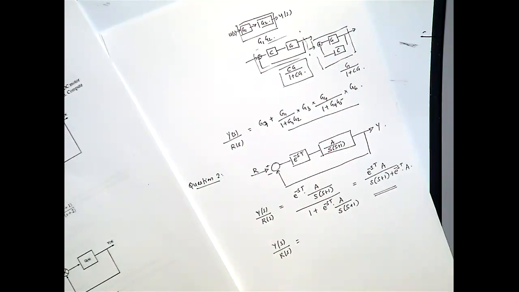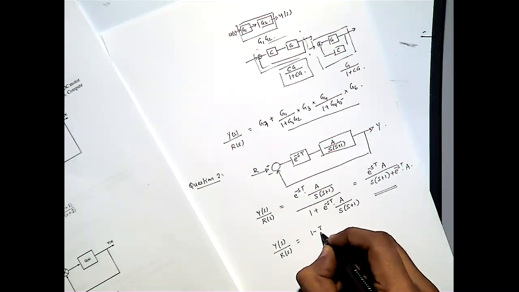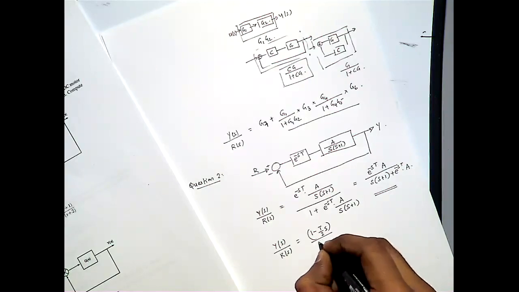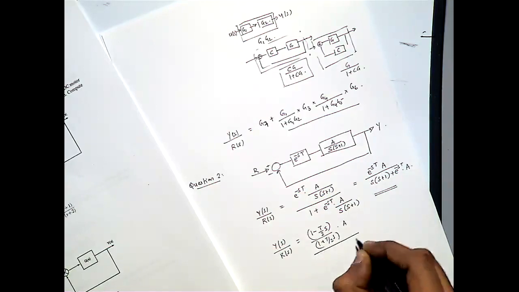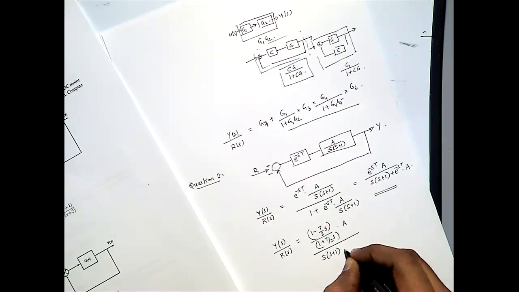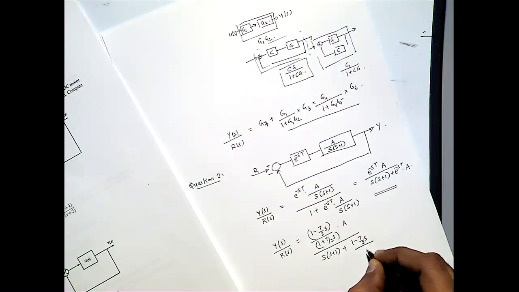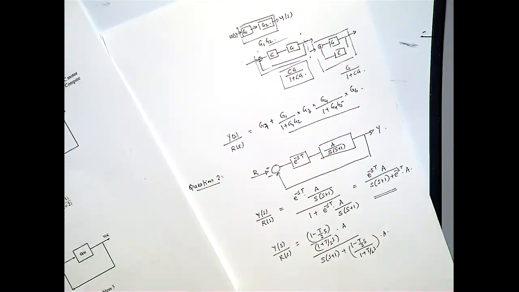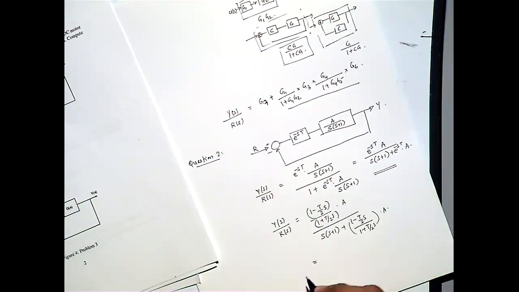transfer function. So Y(s)/R(s) will be (1 minus T/2 s) divided by (1 plus T/2 s) times A divided by s times (s plus 1) plus (1 minus T/2 s) divided by (1 plus T/2 s) times A. Let's simplify the equation.